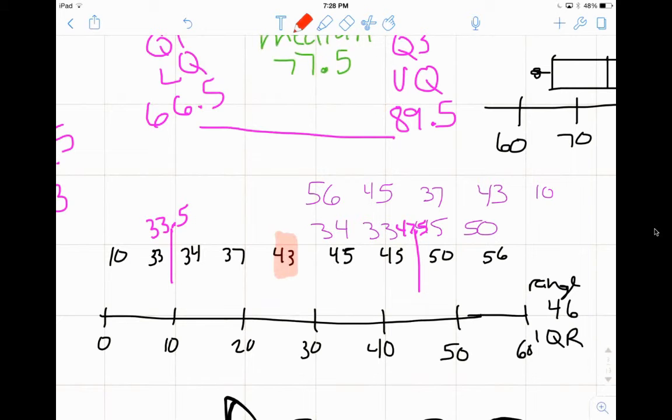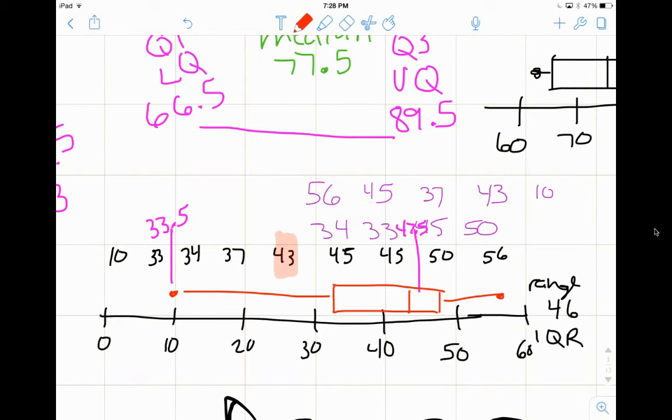So now we have this value of 10. We go all the way to 33 and a half, and 43, and 47 and a half, and then up to 56. So right now my box plot has this really long piece, and that tells me that I might actually have an outlier.